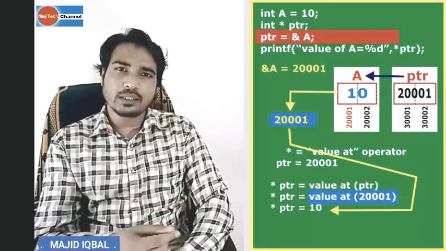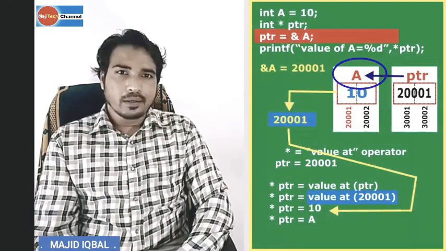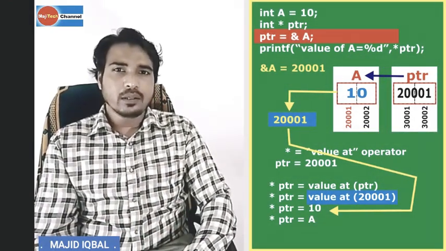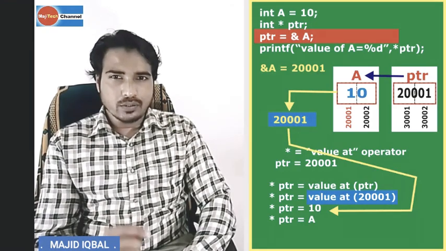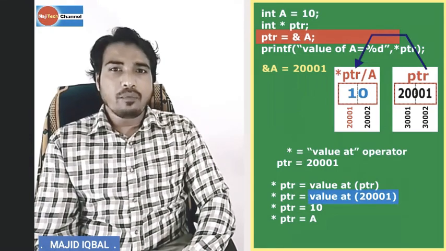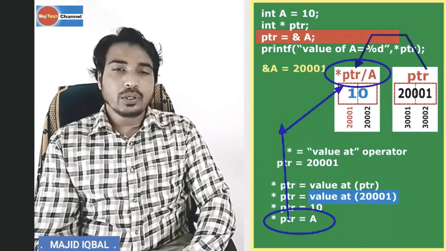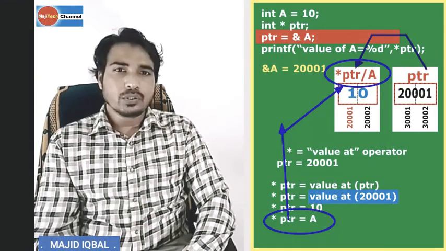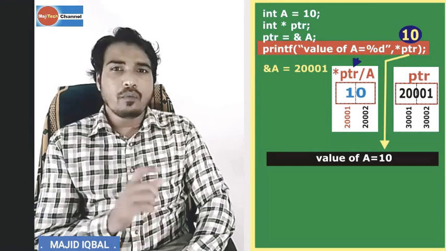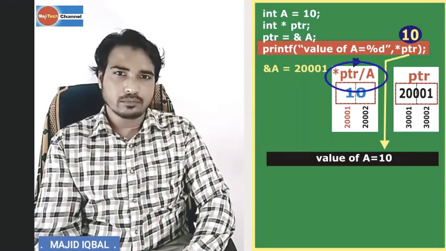Therefore *ptr is equal to 10, which is the value of a. Hence *ptr is equal to a. It means that if we store the address of the variable a in the pointer ptr, we can access the value a indirectly using *ptr. So the printf statement generates the output as value of a is equal to *ptr, that is 10.